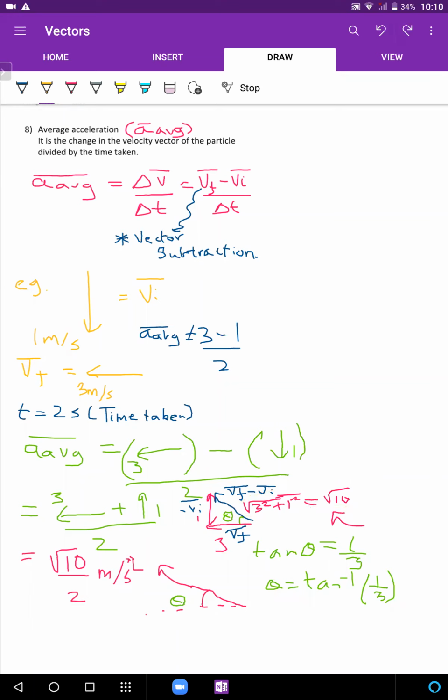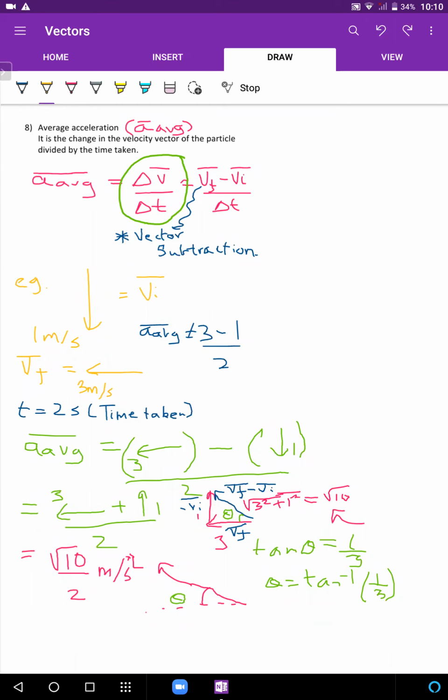Okay, so we know कि our resultant has magnitude root 10 and angle निकल जाएगा tan inverse 1 by 3. So that's my numerator. My numerator is actually root 10 at an angle of tan inverse 1 by 3 with west. Okay, and divide that by time. So divide that by 2 and we have our answer.